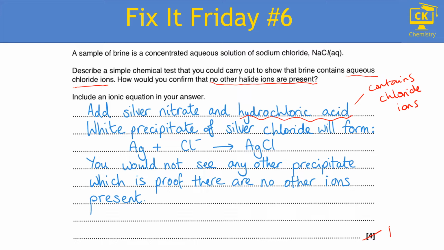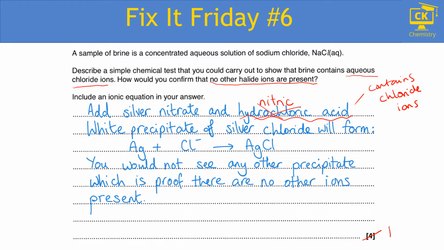So if you are using silver nitrate, you need to be adding nitric acid. You would use hydrochloric acid with barium chloride, for example. And so that's why we can't use hydrochloric acid.